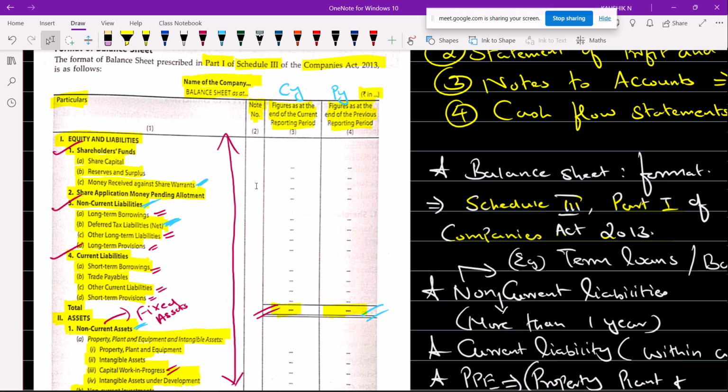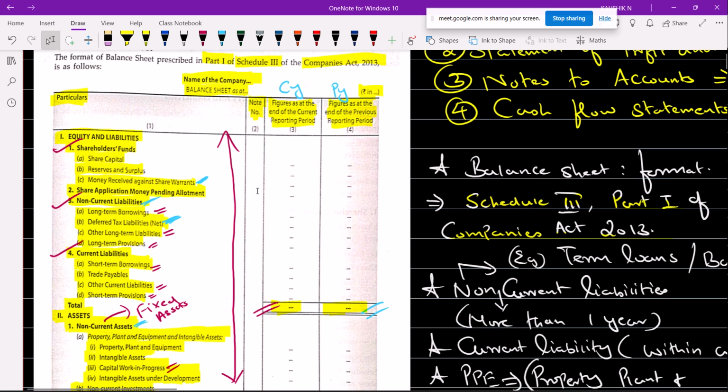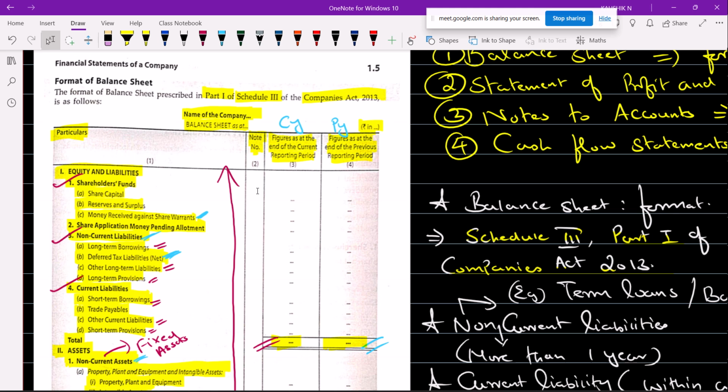The balance sheet of the company will be as per the provisions of the Indian Partnership Act. Sorry, I'm sorry. It is as per the Companies Act of 2013. So we are following Schedule 3, Part 1 of the Companies Act of 2013, not the Partnership Act.